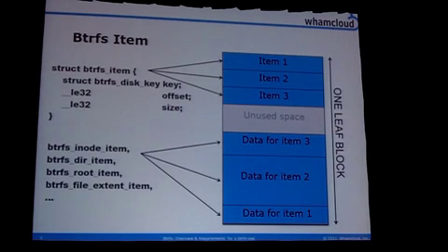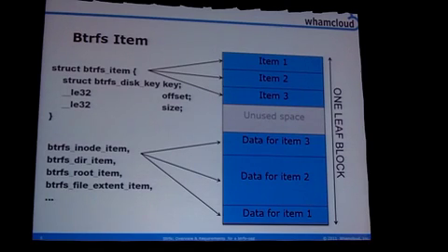The way the items, the metadata structures, are packed on disk is very interesting. Unlike traditional file systems, which have one type of metadata structure per block, so typically in ext3 you have the inode bitmap in a given block, then the inode table stored on other blocks, btrfs mixes all those metadata structures together inside the same block.